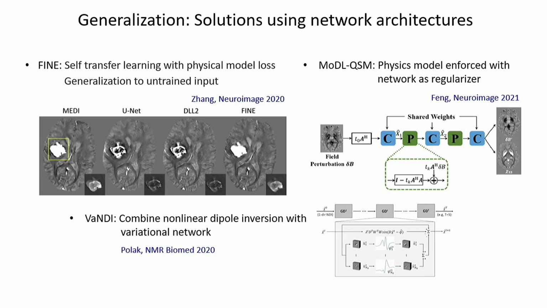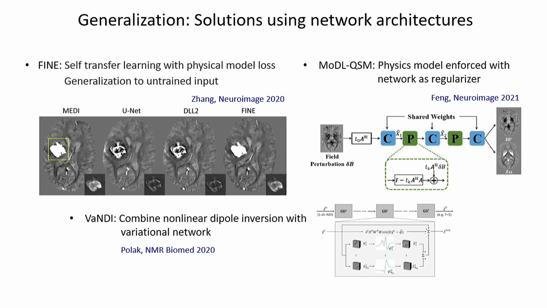Another similar approach is this model QSM that utilizes the neural net as a regularizer, and you still have a data consistency term based on the model. And this particular network is designed for the STI model, which includes the anisotropy information.